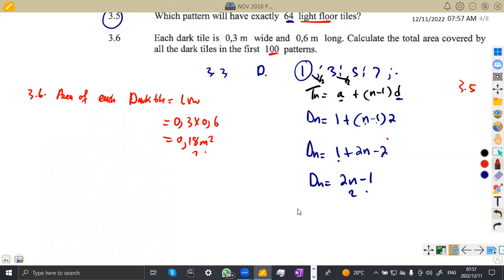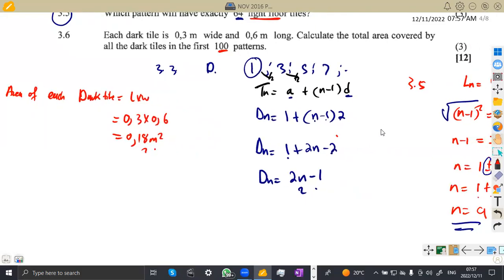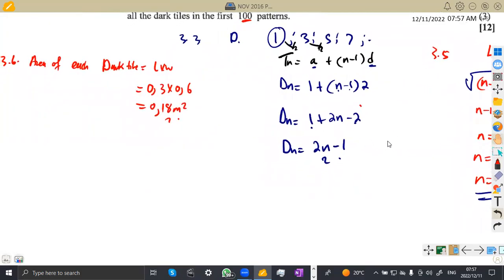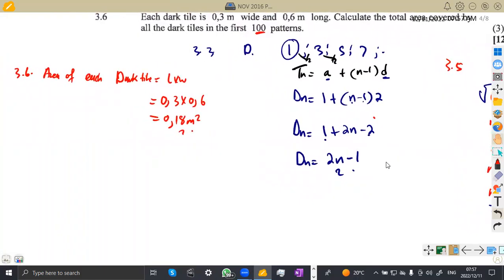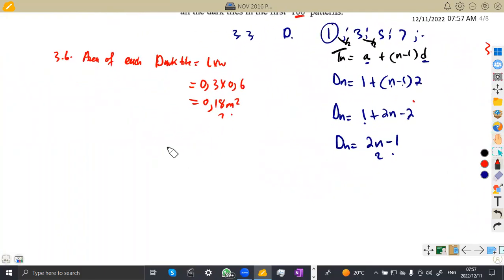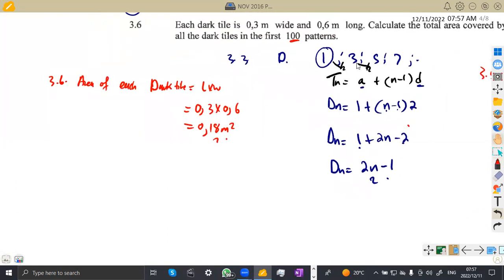Remembering that, sum of terms can be given like this. These are the ductiles given by the pattern here: 1, 3, 5, 7, and so on. If we add this one up to the last one, when there are 100 tiles, what is the total? That is the question.